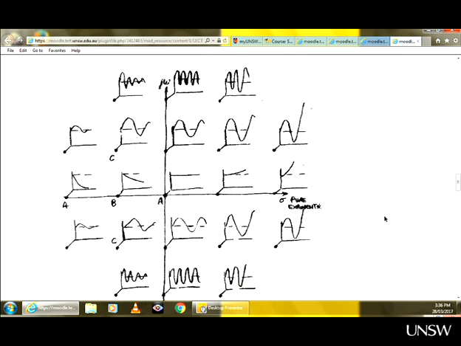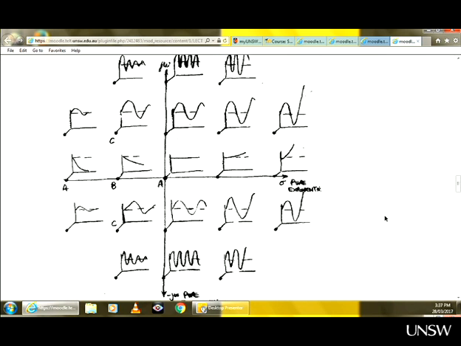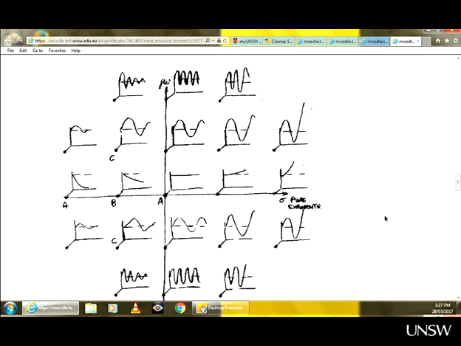Now we'll try to spread that picture to the whole of the S-plane, of the complex plane. So here are the axes. This is the real axis. This is the imaginary axis. What we found so far is that if the roots are on the real axis and on the left, you will have exponential behavior, non-oscillatory behavior.